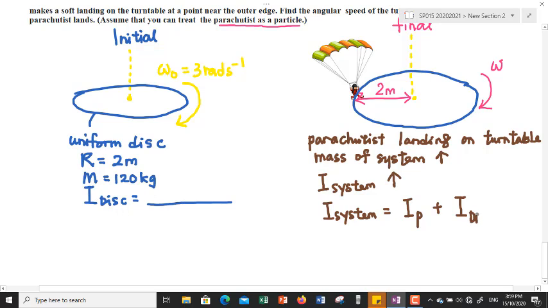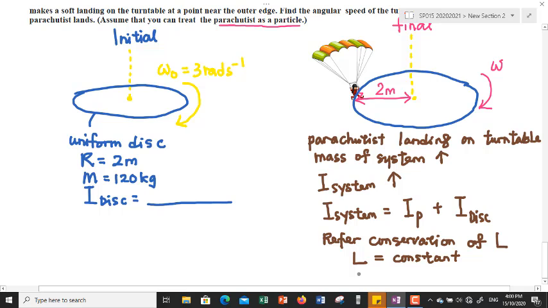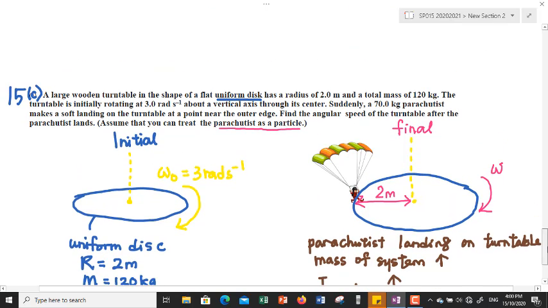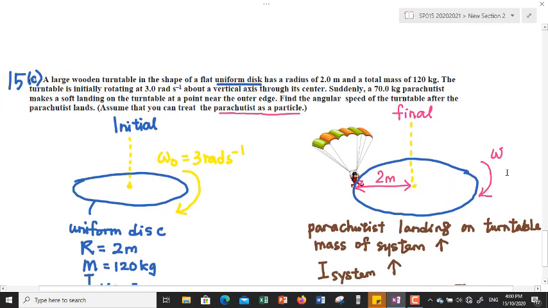Okay, if we refer to conservation of angular momentum, our angular momentum is always constant. So when we have a change in moment of inertia, there will be a change in angular speed.